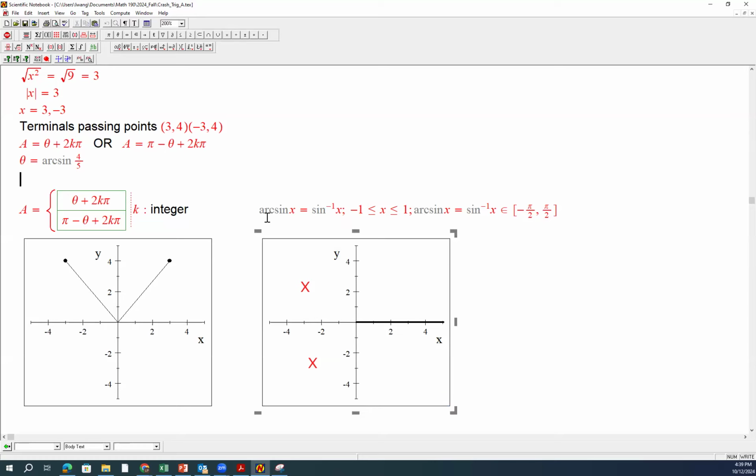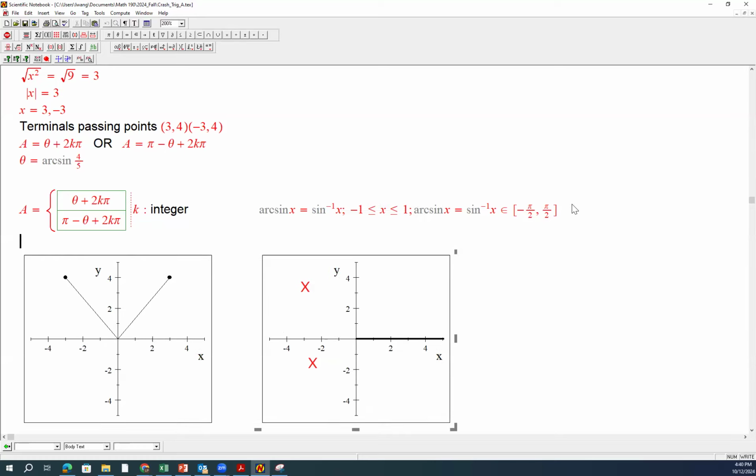You can see sine takes angle, produces ratio. Arcsine takes ratio to produce angle, the other way around. So let me mark this as comparison. Sine takes angle as input.